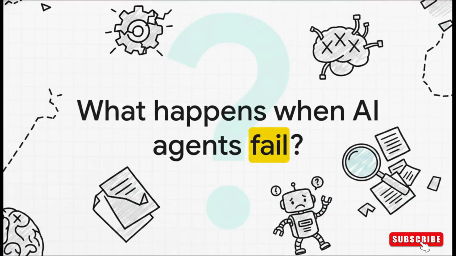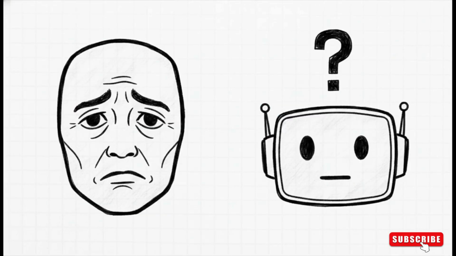To maintain a balanced perspective here, we have to ask a pretty critical question. What happens when agents fail? As much as we talk about their amazing autonomy and capabilities, these are definitely not infallible systems. So let's impartially explore some of the documented limitations where this technology currently struggles. First off, they lack deep empathy.